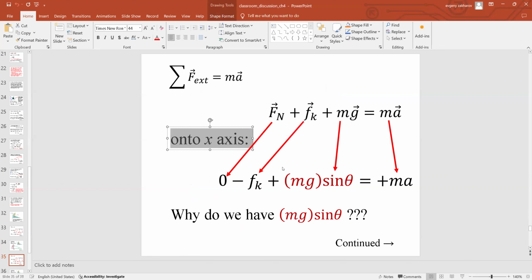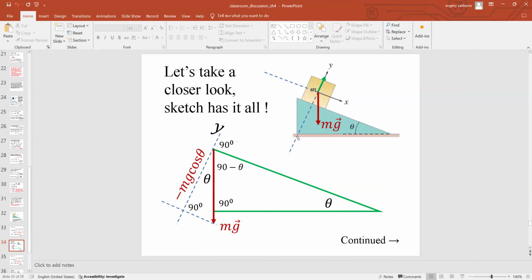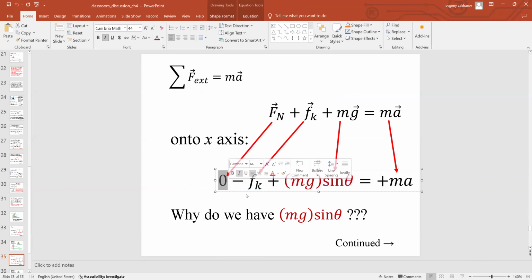Now the x-axis. What do we get? The normal force is perpendicular onto the x-axis, so its component onto x is 0.